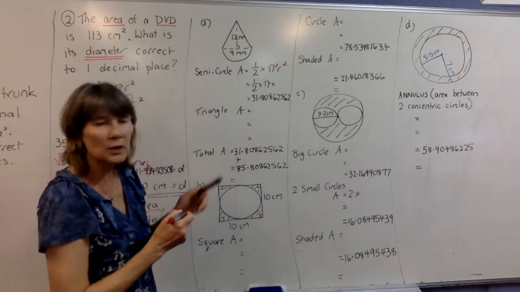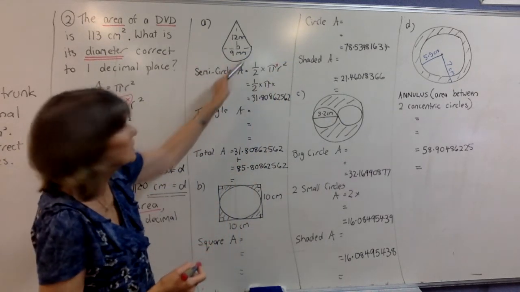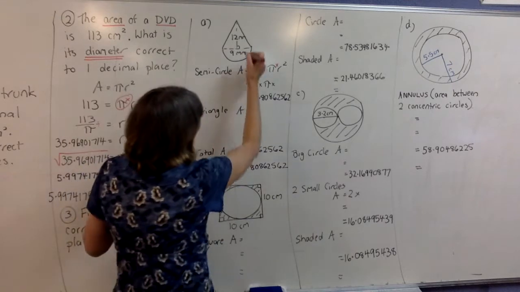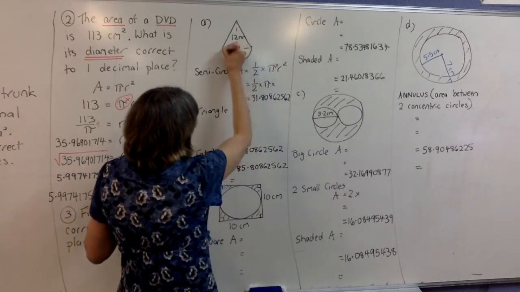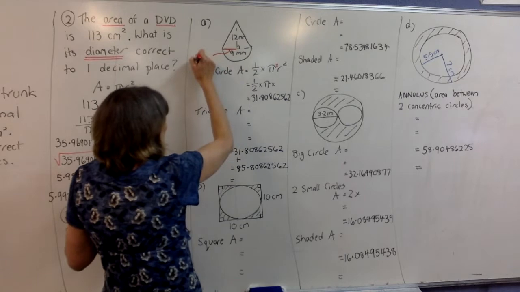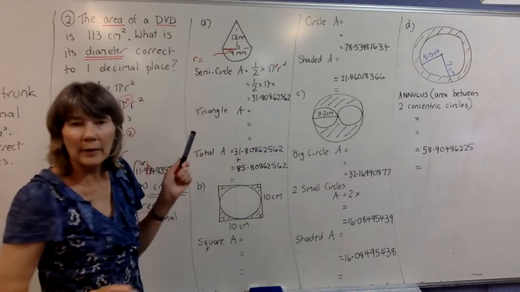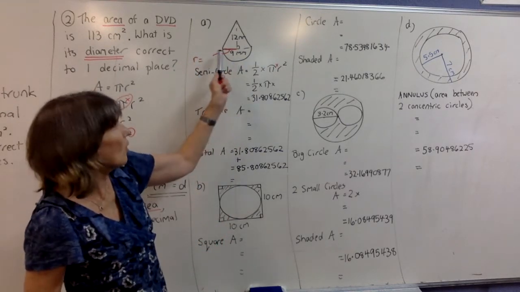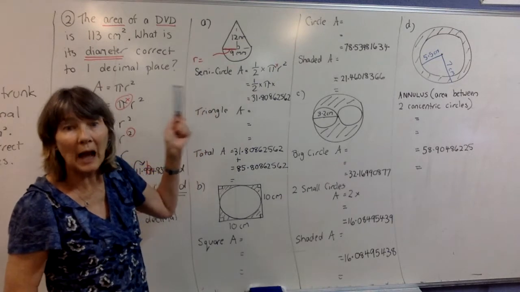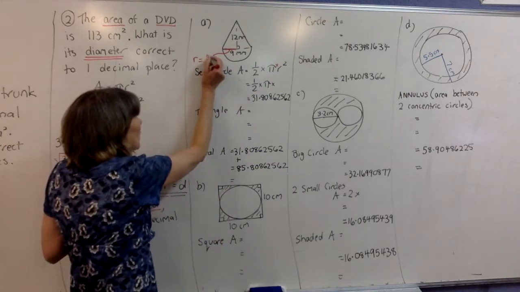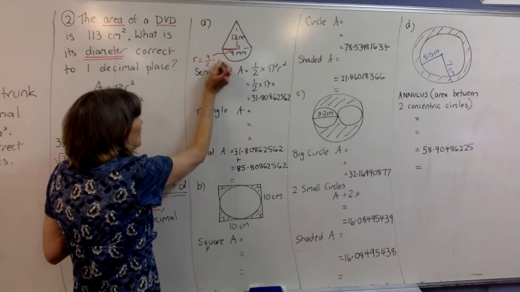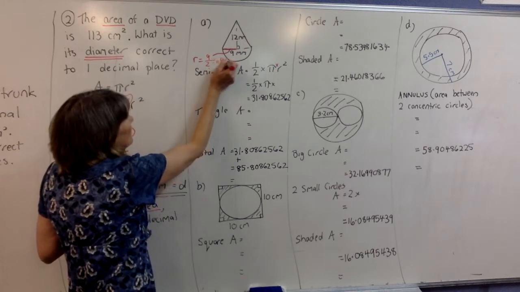Now, the radius of the circle that the semicircle is part of, this would be the radius. That's your radius there. Now the 9 is the whole way across, so the radius will be half of that. So we're going to do 9 divided by 2, and that will give you 4.5 for your radius.